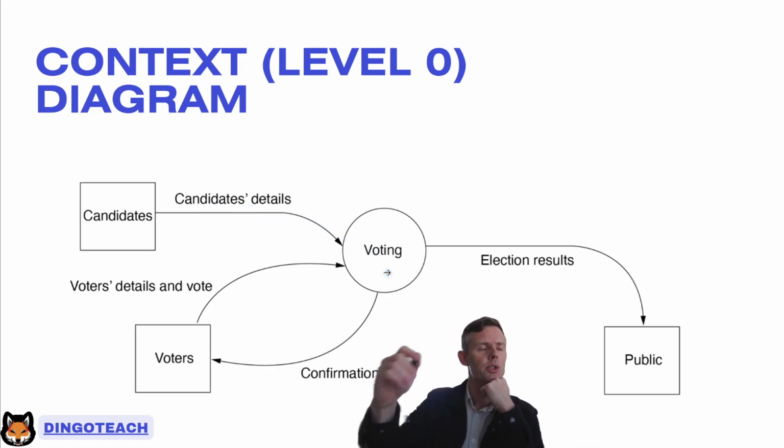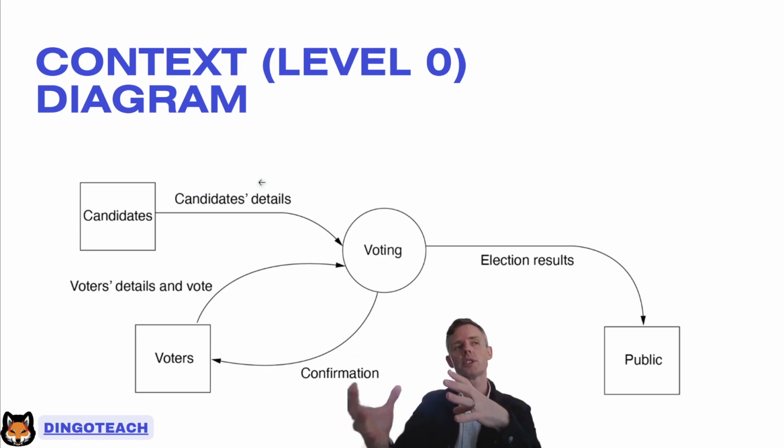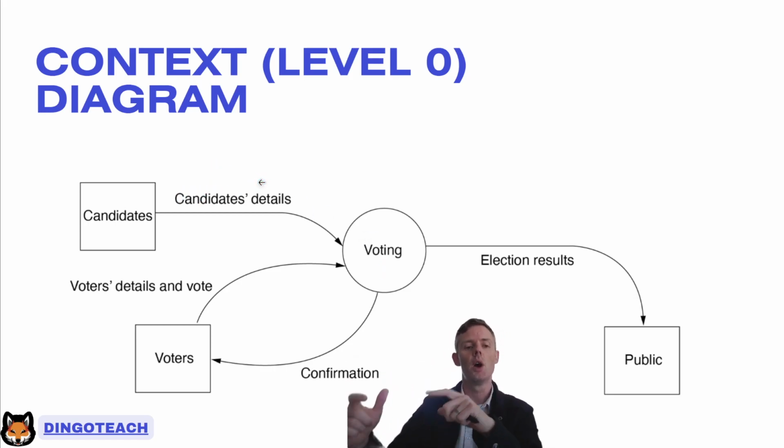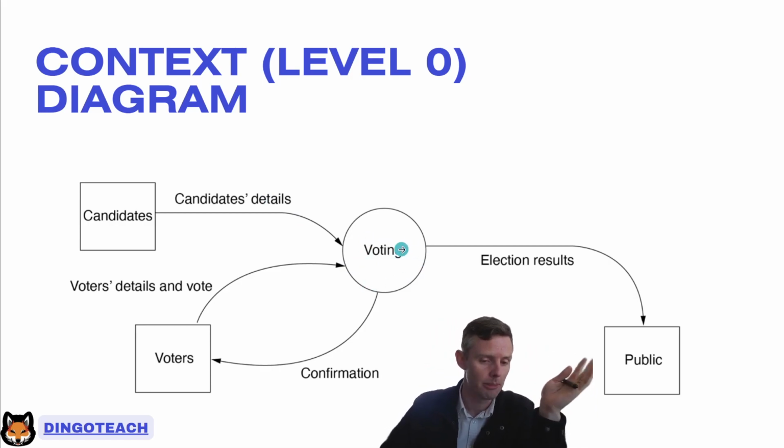So somewhere in our IPO diagram, there would be candidate details. And in the context diagram, where we're now thinking of, where do they come from? Well, they come from the candidates themselves. So that's an input into our system, and you write on the line the candidates' details that they're providing to our system. Okay, I've hammered on about that.